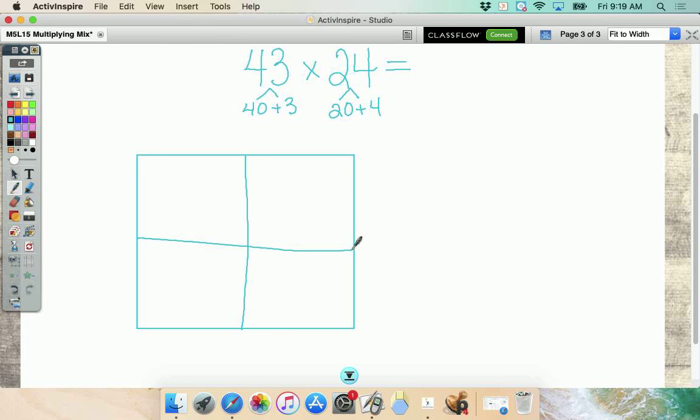So I need 4 places to write on my area model. And I wrote 40 plus 3. And I actually, look at this, I actually wrote 20 plus 4 on here this way. And I did that for a reason. You don't have to do it that way today. Okay? So the reason I did that, well, I'll show you in a minute.